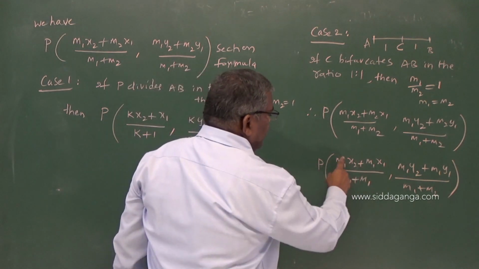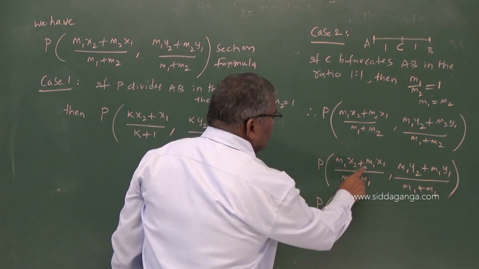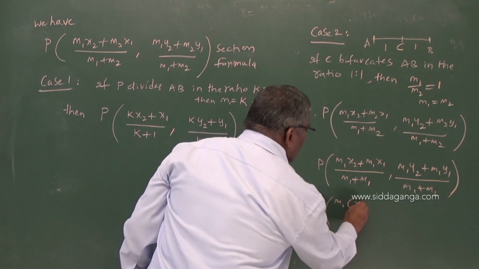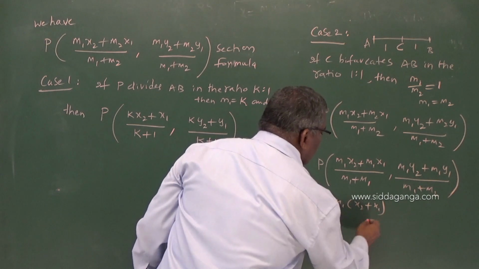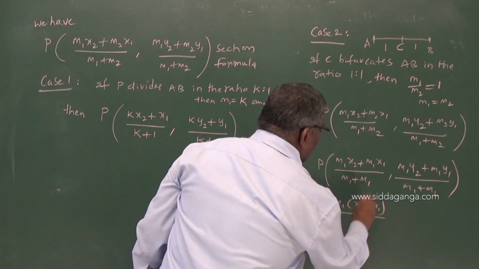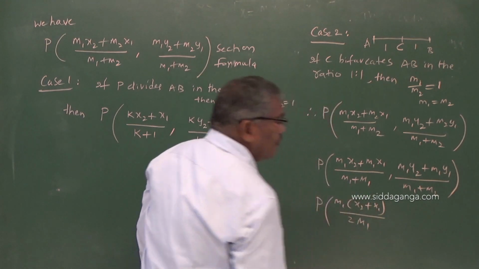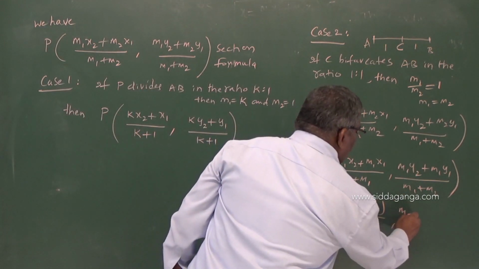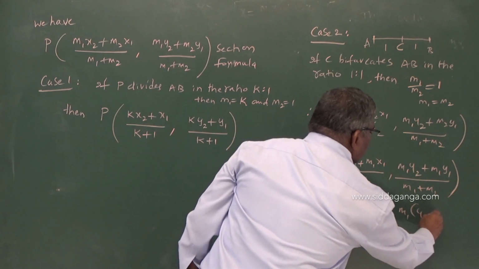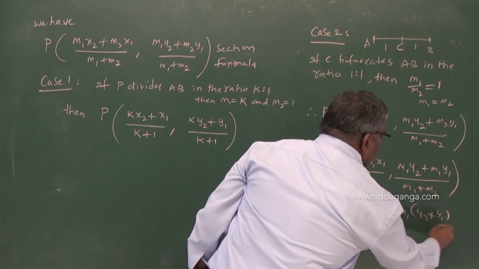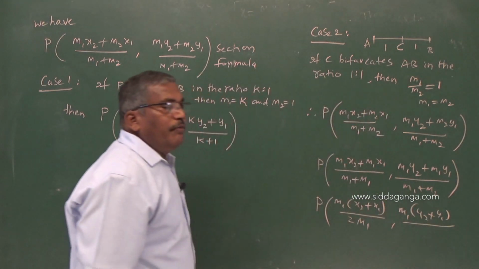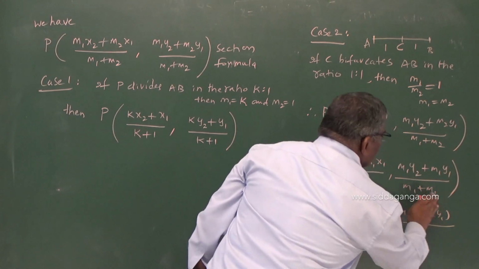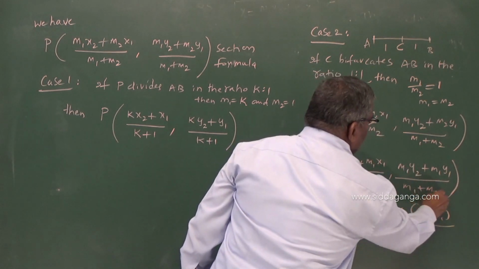You take M1 outside. Observe here, if you take M1 outside, you will get M1 into (x2 plus x1) divided by M1 plus M1, which is 2M1, and M1 into (y2 plus y1) divided by 2M1.